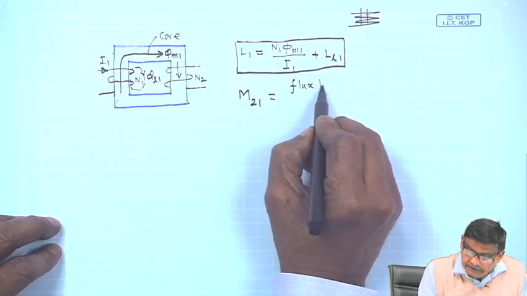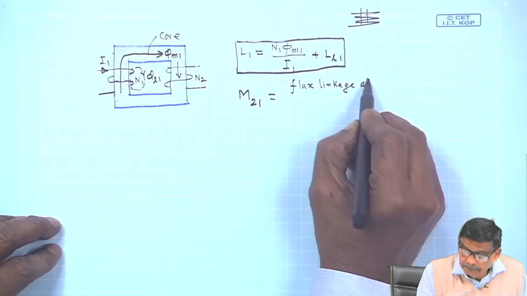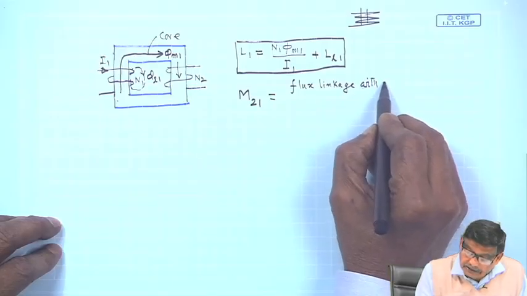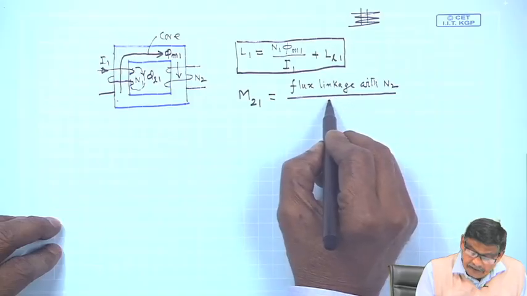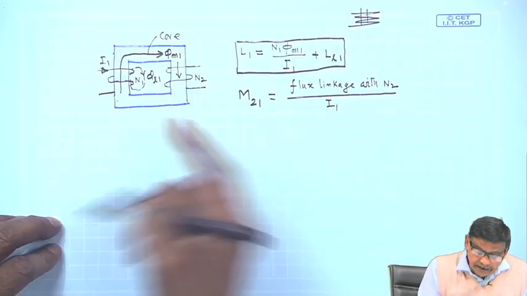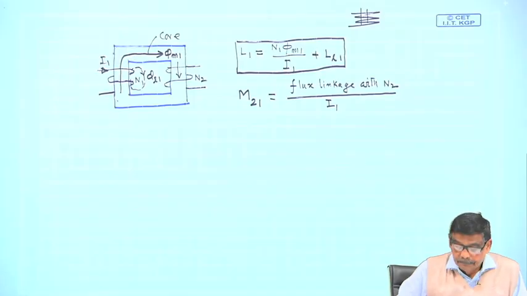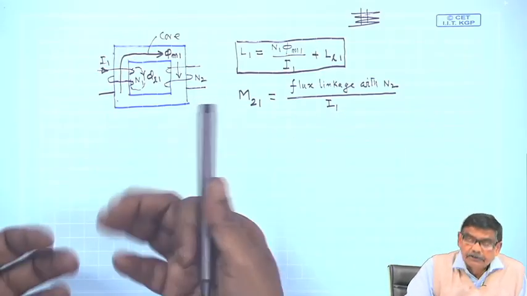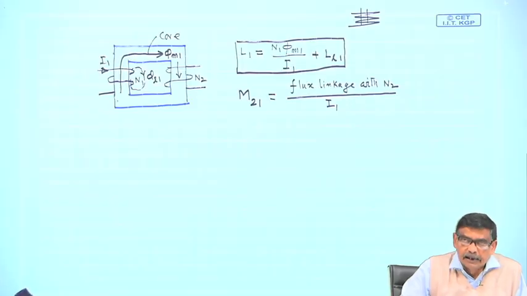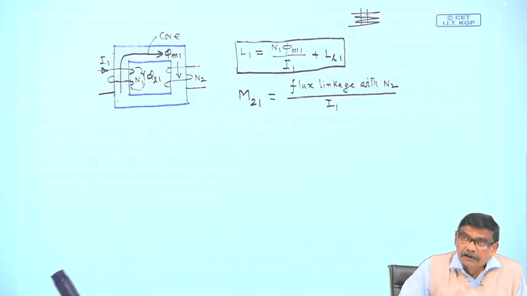flux linkage with the second coil, with N2, divided by 1 ampere flowing through coil 1. Once again, the unit of M will be same as L, Henry, that is flux linkage, Weber turns per ampere.